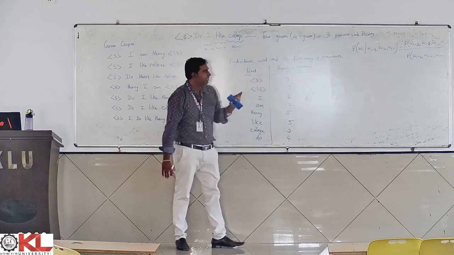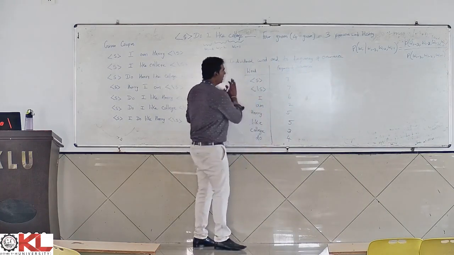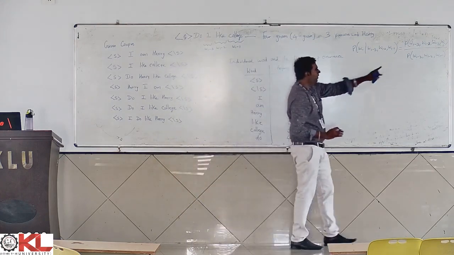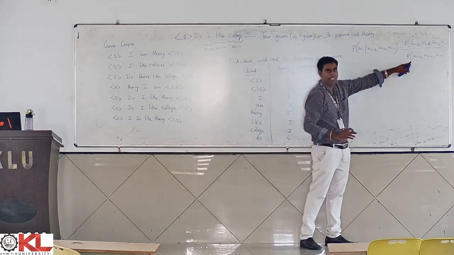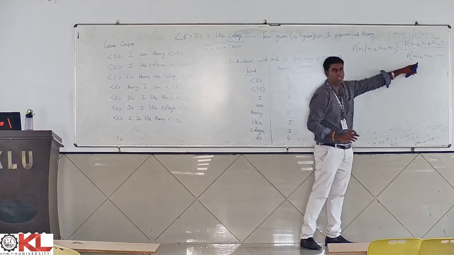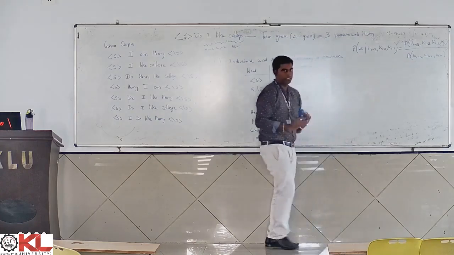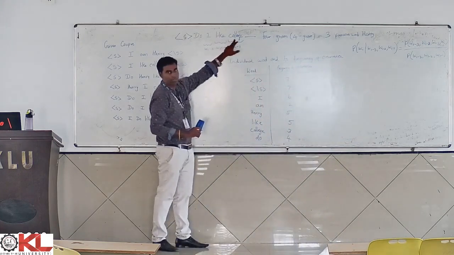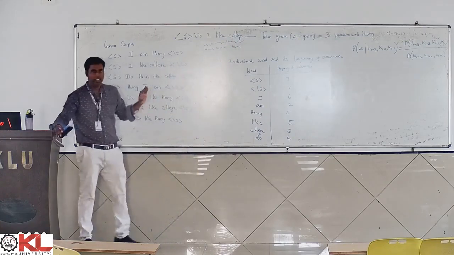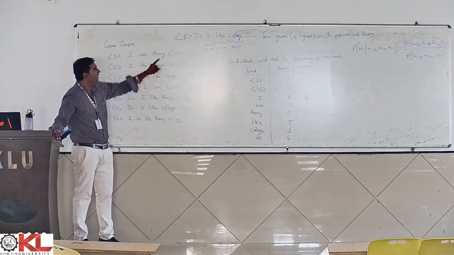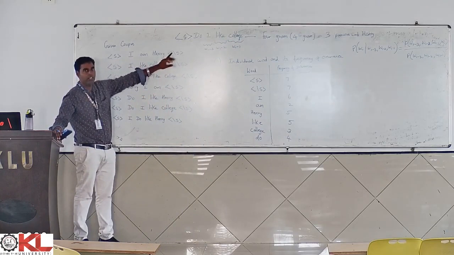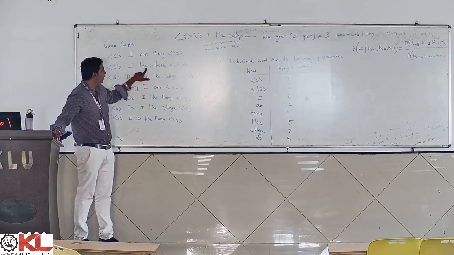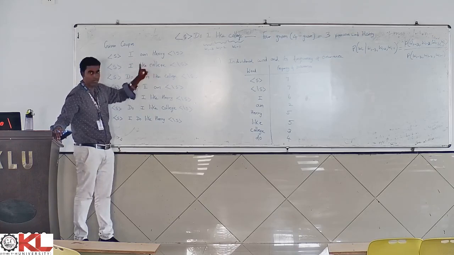So first, after changing it into individual words and their frequency of occurrence, I am going to find out how many times these three words occur in the given corpus. What are the three words together? I like college. We check in the given corpus how many times the sequence I like college occurs. First one, no. Second one, yes, one time.